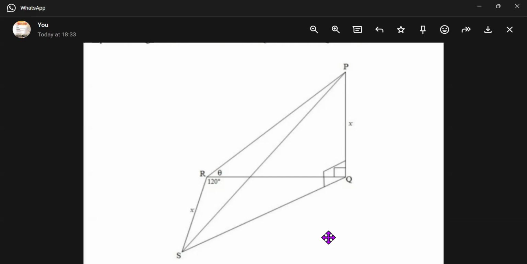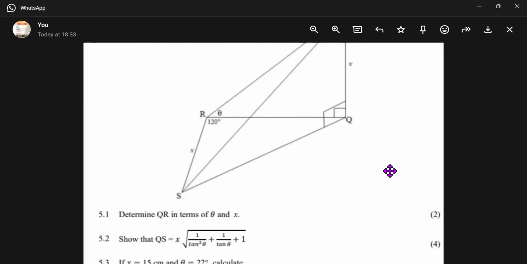The most important thing is we have 2 right-angled triangles. That's triangle PQS as well as triangle PQR. Those are the 2 right-angled triangles. The others are not right-angled triangles.